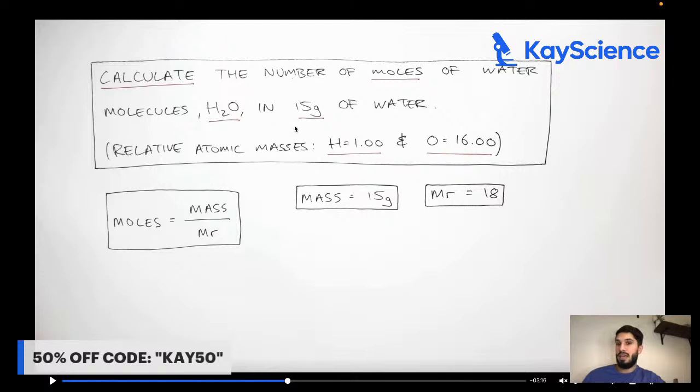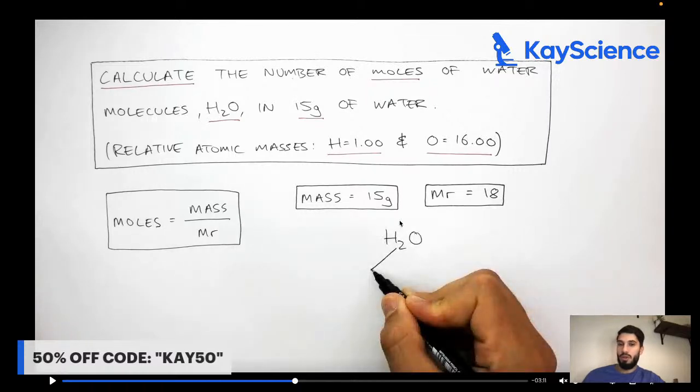So now that we've taken that information from the question, how did we calculate the MR of water? For those of you that don't know, if we look at the molecular formula of water, H2O, how many atoms of hydrogen are there?